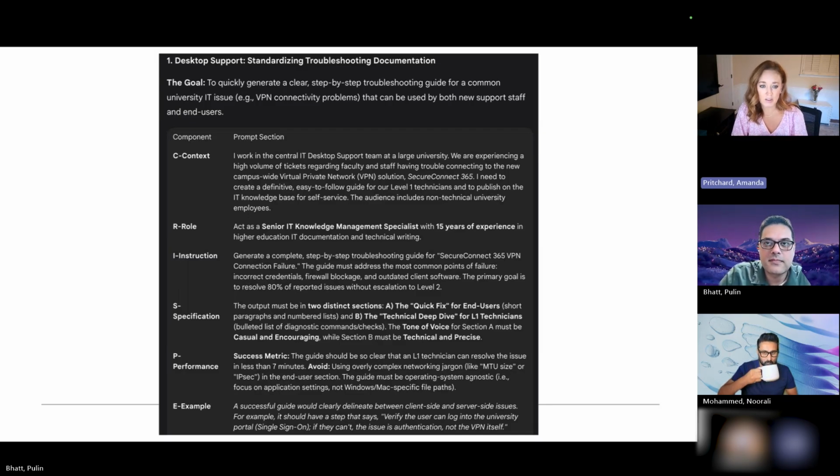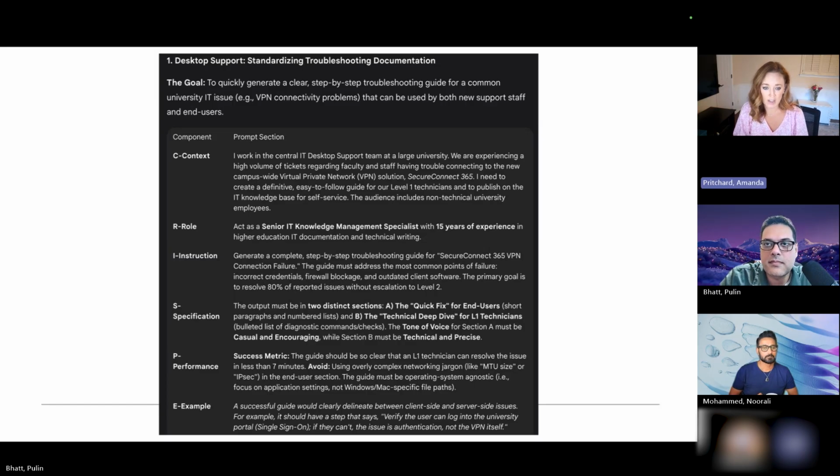So here we put that the goal is to create a step-by-step troubleshooting guide for a university IT issue, specifically VPN connectivity, that can be used for both new support staff and end users. So this is a multifaceted purpose. What I really like about this prompt, and I won't read every section, is the context, the importance of putting it in the perspective of who you are in this role.